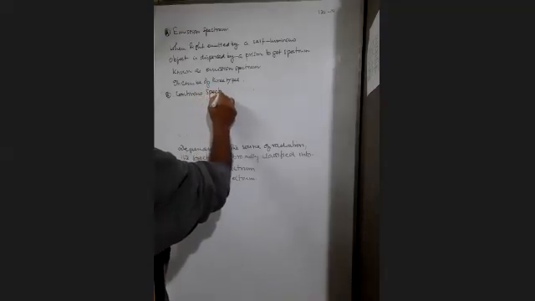Continuous spectrum. That is the rainbow. Within the rainbow, there are 7 colors that you see. They are not separated from each other. One is overlapping with the other. So rainbow is an example of continuous spectrum.